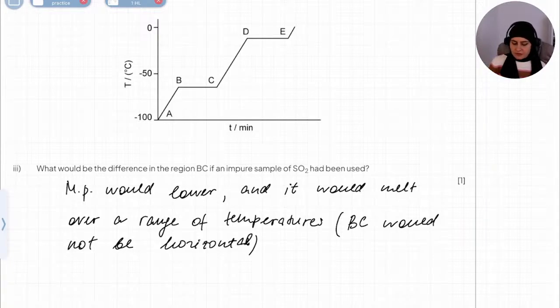And if you have a statement that is in the mark scheme, they just accept that. You only have to be careful not to give any contradictory statements. If you say, for example, that the melting point would be lower for the impure sample, and then somewhere you say that the melting point would be higher, obviously one of those statements would be correct, but you lose a mark anyway, because this is a contradiction.